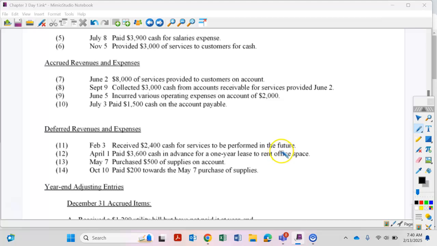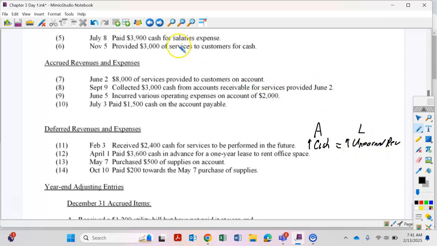So receive cash for services to be performed in the future. Recall we've already done this problem in Chapter 2. We're just adding debits and credits. So cash would have come in, which is an asset. We haven't performed the services. We have a liability, unearned revenue. I'm going to abbreviate revenue, REV. So cash, which is an asset, will go up.